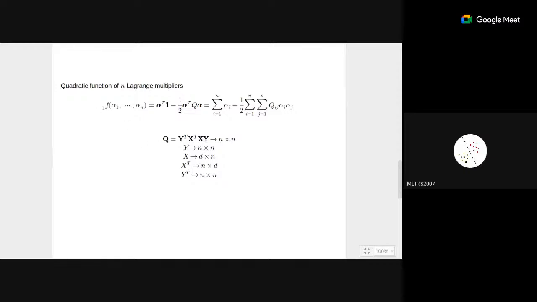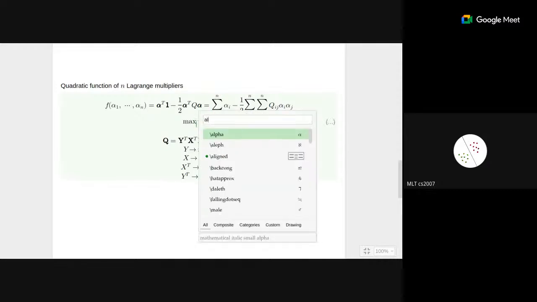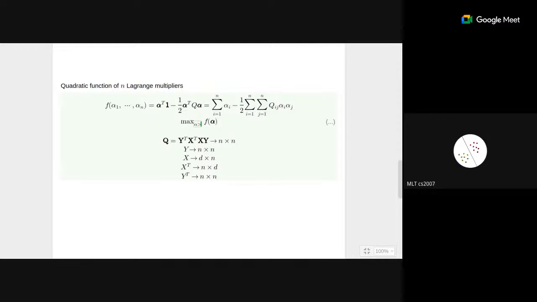We are constraining it by making it be greater than or equal to 0. That's the constraint. So we finally want to maximize f of alpha, the vector alpha, subject to alpha greater than or equal to 0. Alpha meaning the vector alpha. So every single alpha should be positive, or sorry, non-negative.